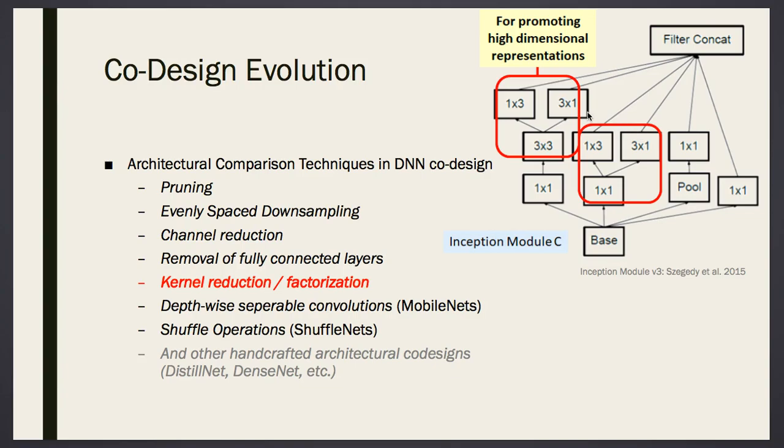So the researchers started to study the very nature of convolution, trying to get everything simpler and simpler. If you want to remember the Inception model, as far as I remember we covered it in week 4 or 5, so just get back to it. But factorization, so kernel reduction, making the convolution simpler, was another step which is a bit more advanced.